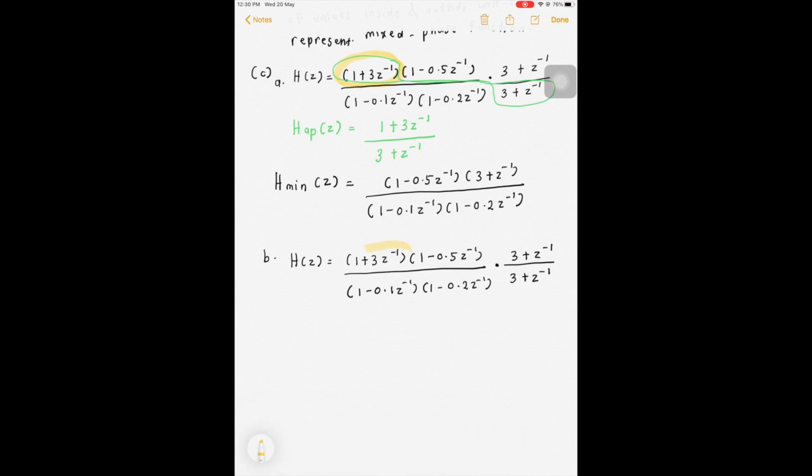So what you have to do next is, for H linear, the function outside the unit circle times its mirror. So H linear z is, and the remaining function will be your H minimum z.